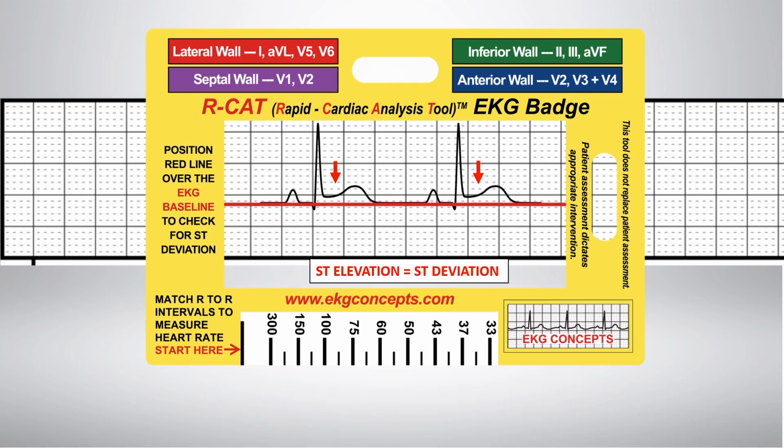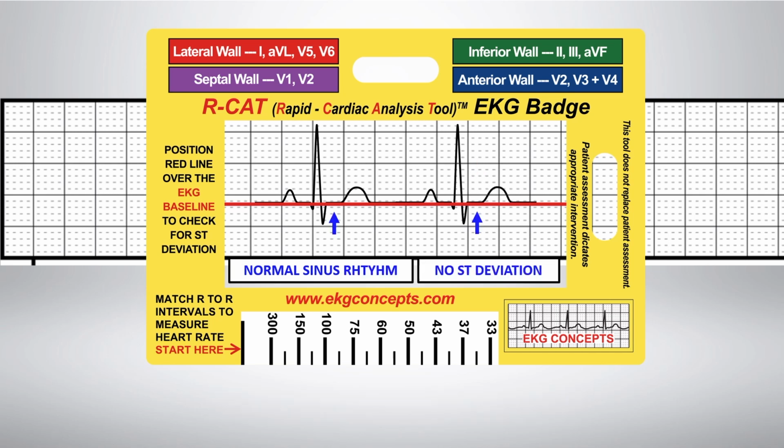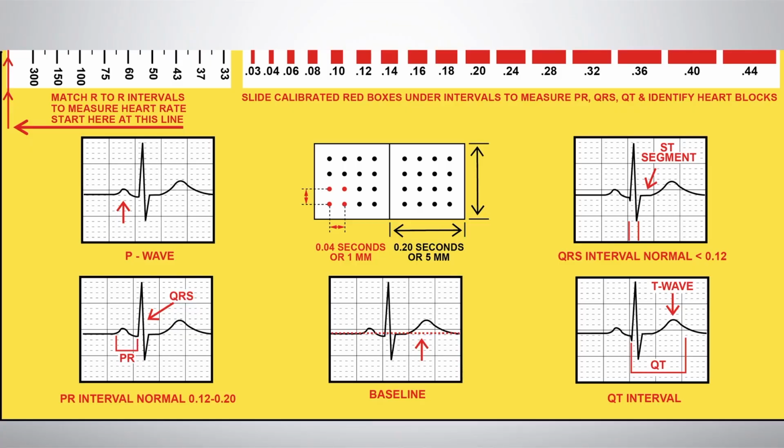Here you have ST elevation or ST deviation above the baseline. Compare this to normal sinus rhythm. With all of its precision measurement capabilities, the EKG badge is the ideal tool for both EKG rhythm strips and 12-lead EKG interpretation. Now we'll examine the T wave and the QT interval.